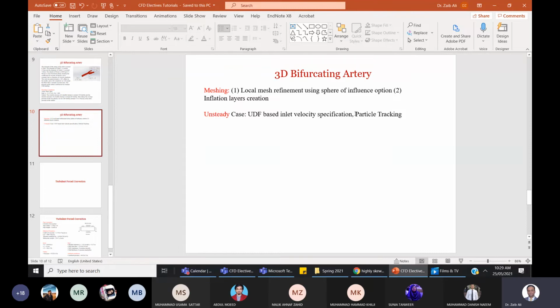So you will see how to introduce the particles or injections and how to track their motion. Remember, this is an unsteady simulation. If we had a steady simulation, we could just follow the streamlines. But for an unsteady simulation like this, we can introduce some injections or particles and then track those particles.